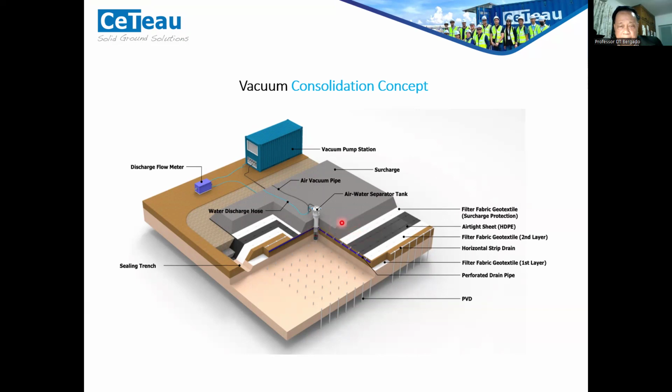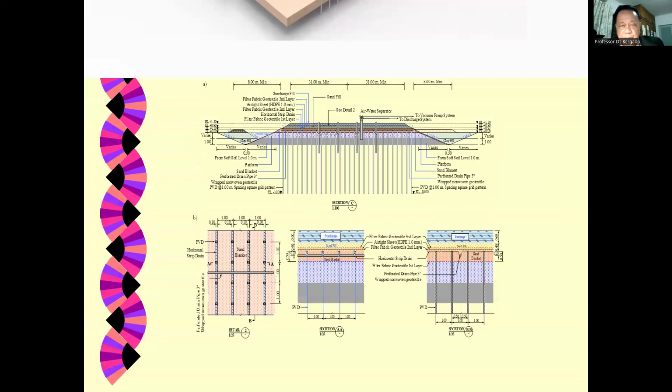And then you have the sand blankets. Here is the air-water separation tank distributed in the field. This separates the air, which goes to the main vacuum pump, and the water, which is discharged. And we have a sealing trench at the boundaries.